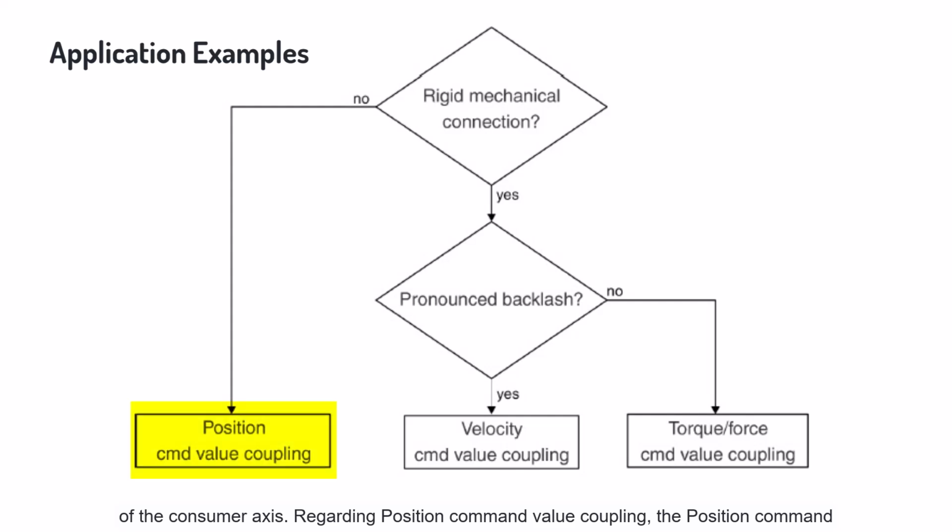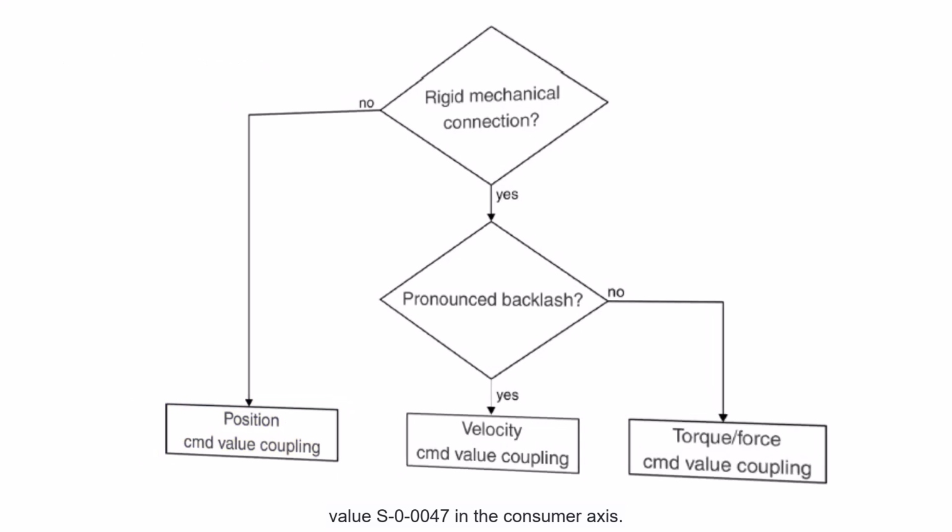Regarding position command value coupling, the position command value generator, P00457, of the producer axis is copied to the position command value S00047 in the consumer axis.